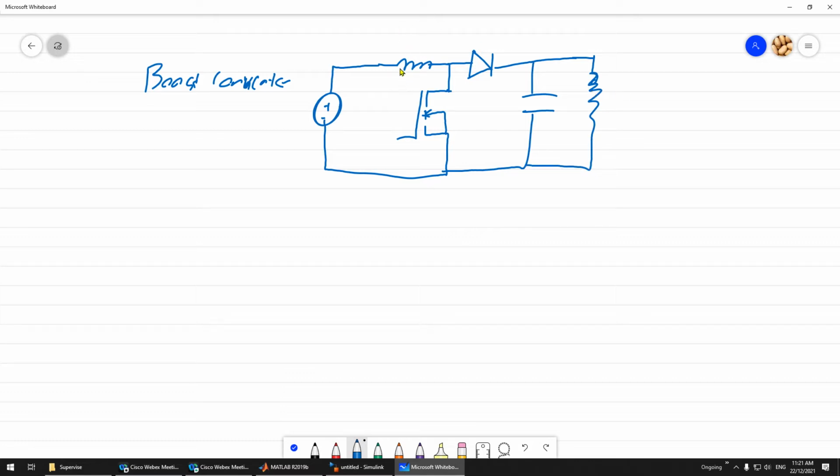Okay, so this is the standard L, this one is S1, this is D1, this is C boost, and this is R out boost. Okay, this is V in boost.